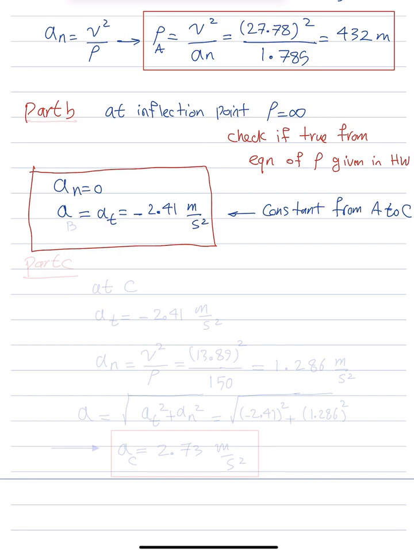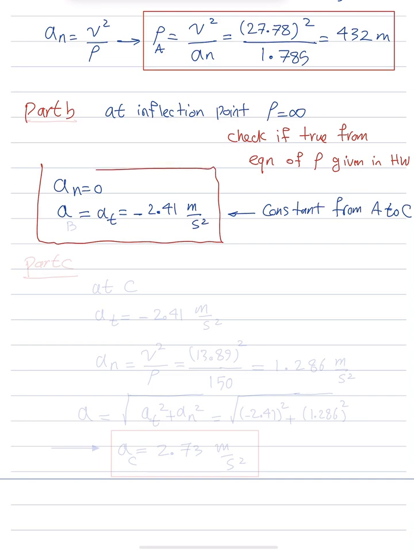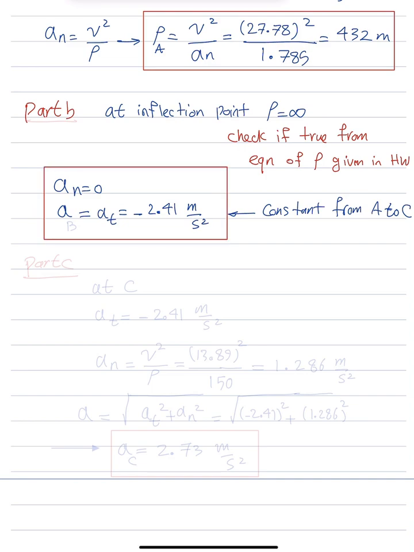Let's put a box around this as well. It's asking for A, which is AT. But I'm also putting a box around AN because it's important to know why it's 0.